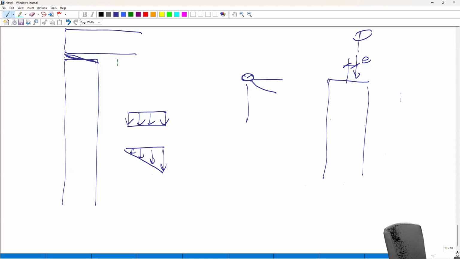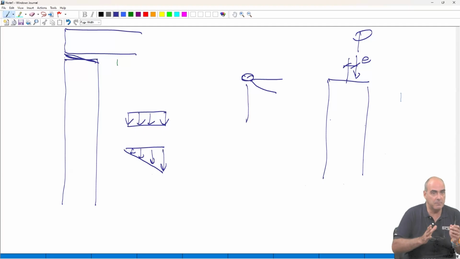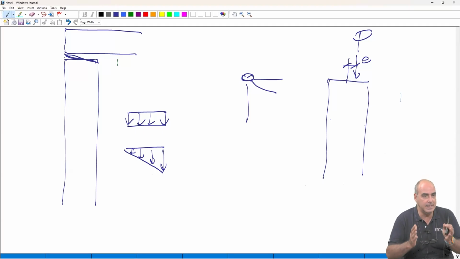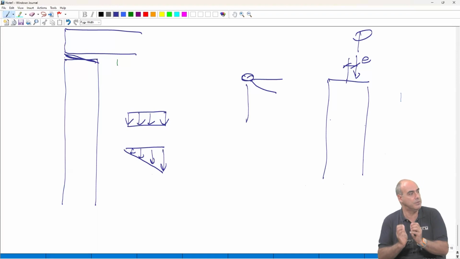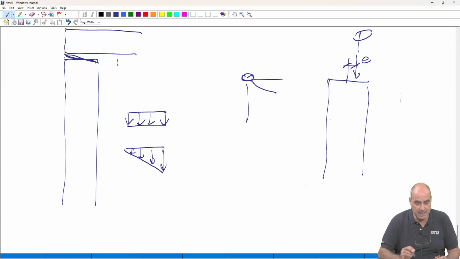So if the beam is allowed to rotate, it will rotate. But the effect of the rotation is that the contact pressures will be no longer uniform, but will have a linear distribution, which means that the position of the resultant force will be a little bit shifted. So this is equivalent to a bending moment equal to P times e.